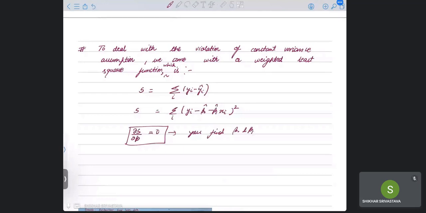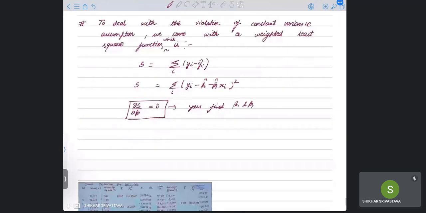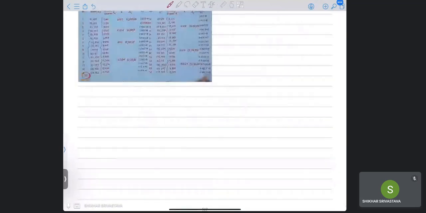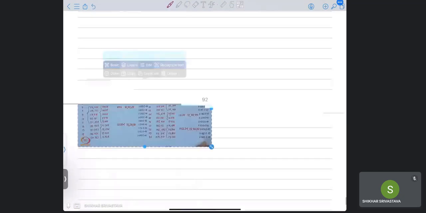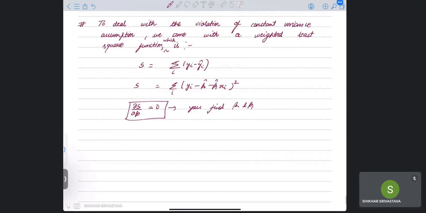Now, this is for a simple linear regression model where you do an ordinary least square estimate.